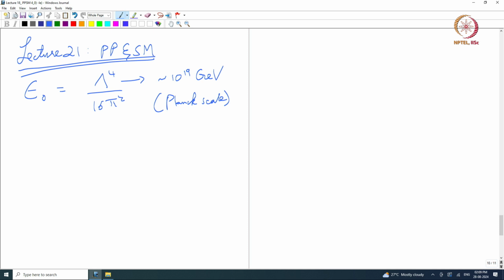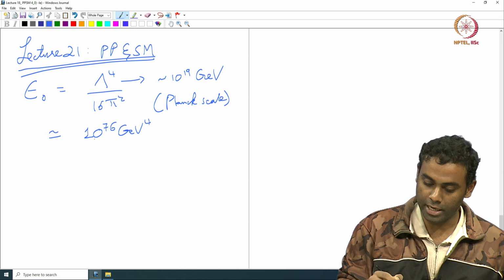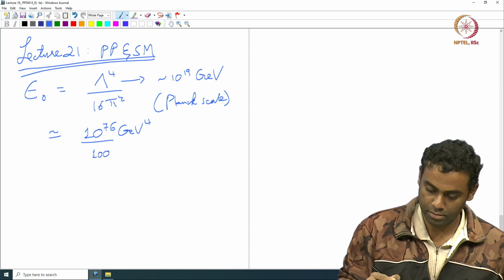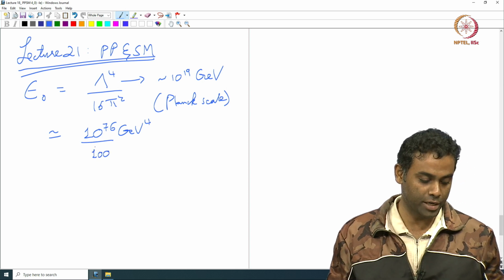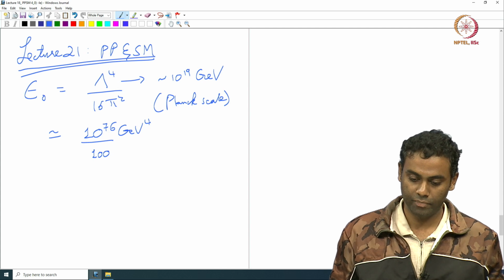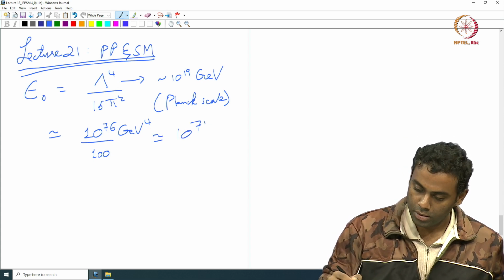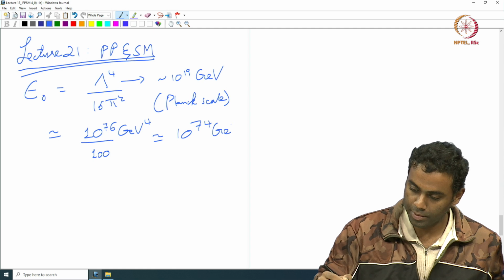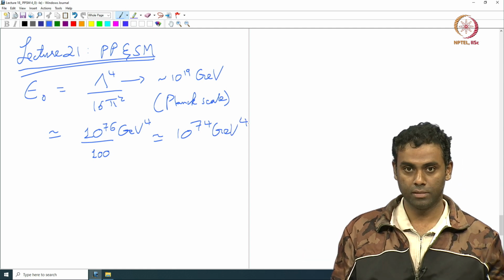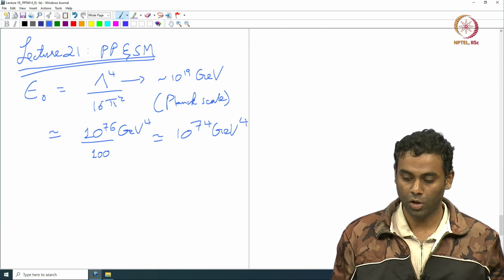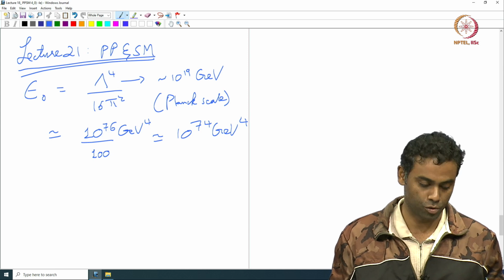So what is this? This is just 10 power 76 GeV to the 4th in the numerator. 16 pi squared I can just take as 100 for this calculation, okay. We are just trying to get an order of magnitude estimate, right. And so just like that I am getting a 0 point energy, in fact a 0 point energy density, of 10 power 74 GeV to the 4th.